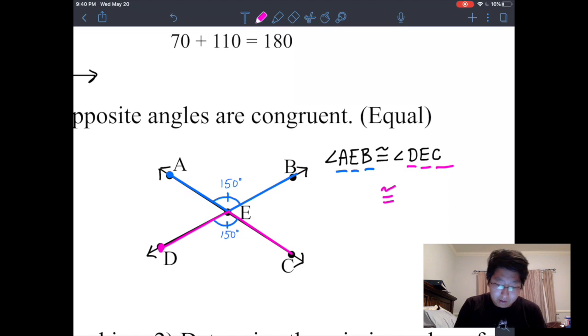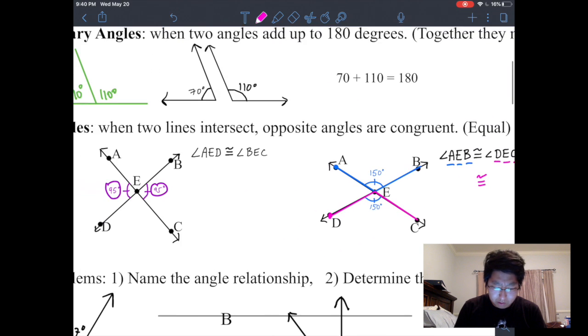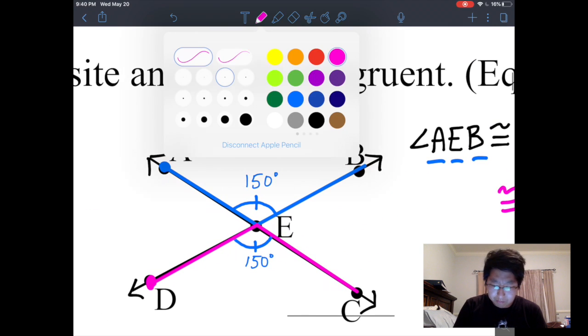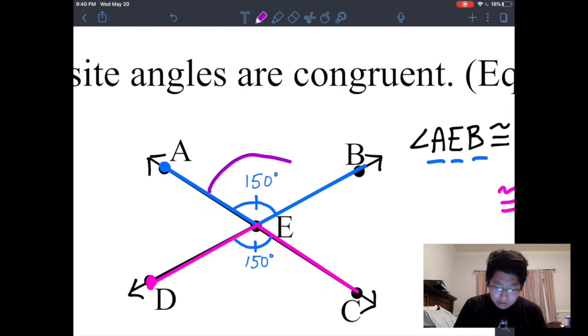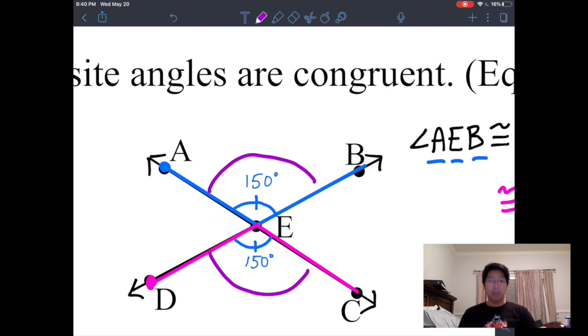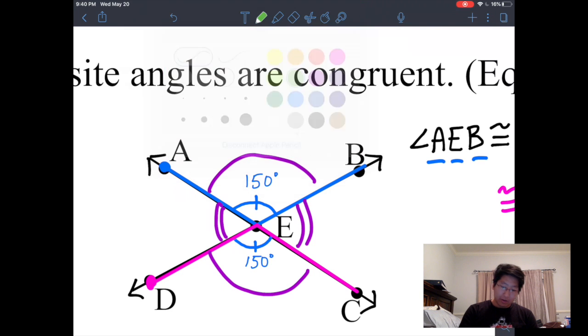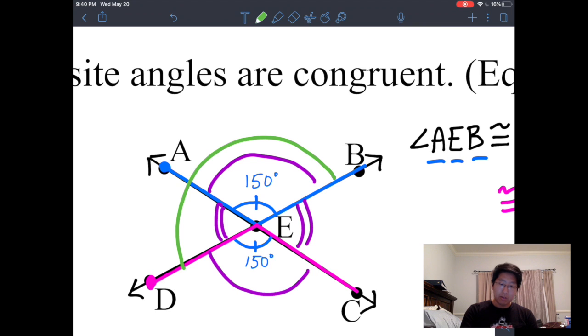So what we're saying here, and I want to use purple for this one, is that this angle is going to be the same as that angle, 150. They're both 150. And that means that this right here is going to be the same as that. We could figure that angle out by saying this is a straight line, so it's going to be 180 minus 150.